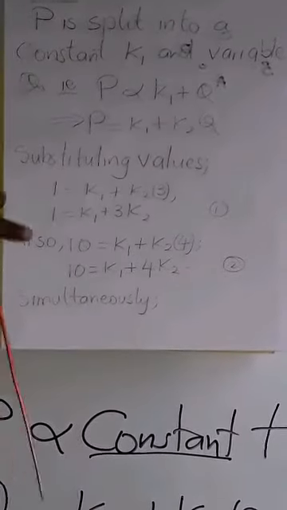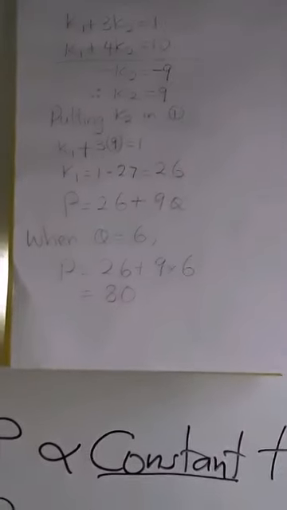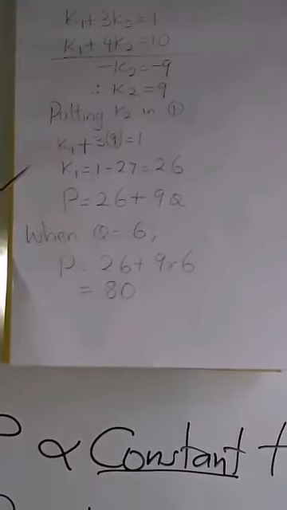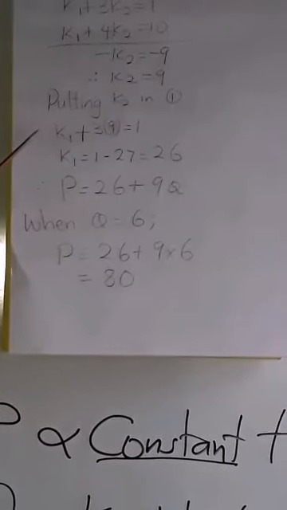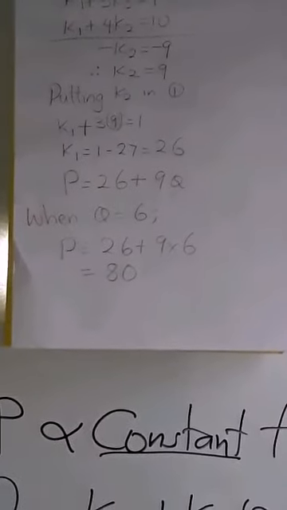So if you substitute, you'll come up with the first equation. Then you come up with the second equation, and now you have two simultaneous equations to solve simultaneously. Once you have done that, you find k2 is 9 and k1 is 26.